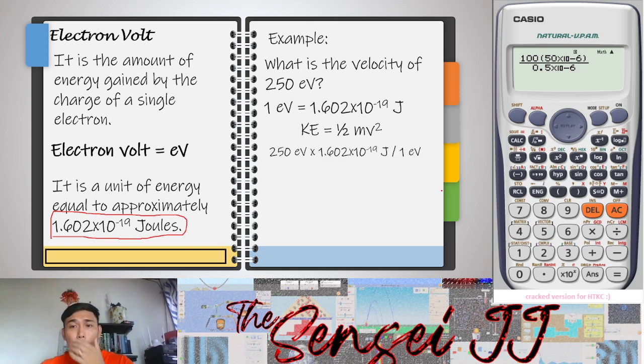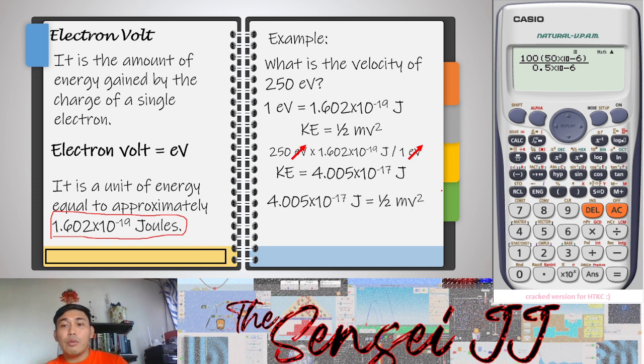So with this, makukuha natin yung value ng ating 250 electron volt na joules natin. Okay, so with this, we have our kinetic energy of 4.005 times 10 raised to negative 17 joules.